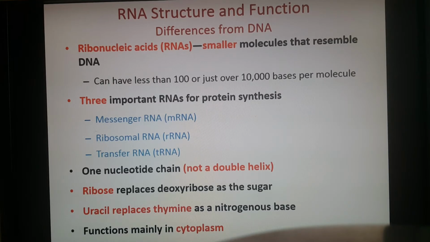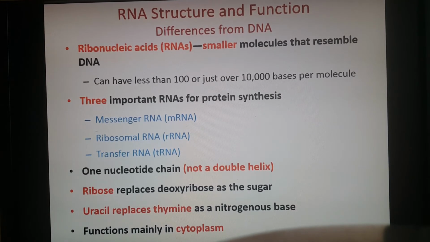So instead of A being paired with T, in this case, A is now paired with U. Your RNA is also significantly shorter than your DNA, usually because your RNA is only a copy of a particular gene, so that's usually a whole lot shorter than the entire DNA being copied.